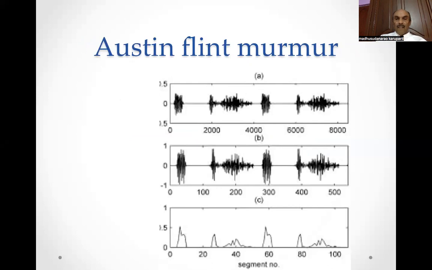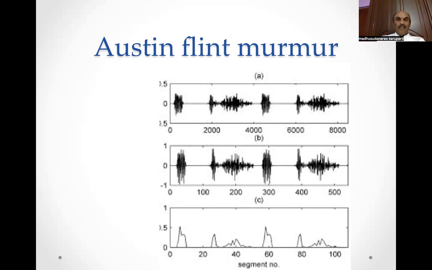Austin Flint murmur, again a functional murmur, is heard in patients with severe aortic regurgitation. There is impinging of the regurgitant jet on the anterior leaflet of the mitral valve, thereby obstructing the flow of blood from the left atrium to the left ventricle during diastole.